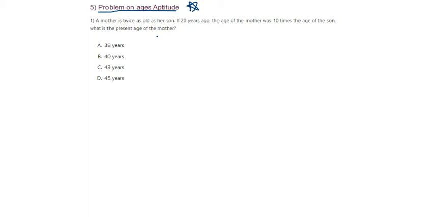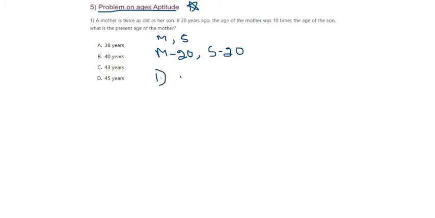So we consider the mother to be M and the son to be S. Let's make this clear. If 20 years ago, which means M minus 20, similarly for the son, S minus 20, because it was 10 times the age of the son. Let's form a crucial equation first.